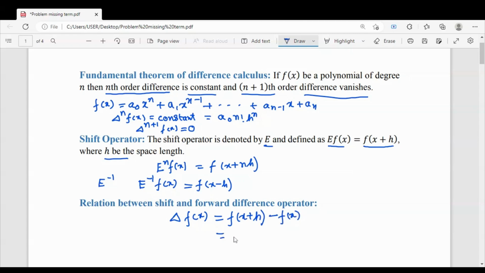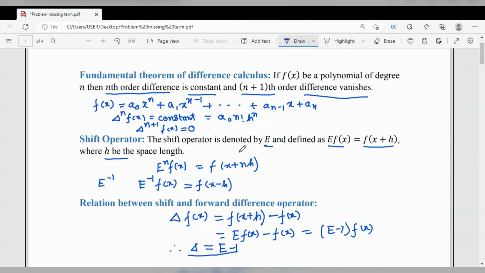Now we already see that f of x plus h can be written as E of f(x), minus f(x), which will actually be E minus 1 of f(x). Therefore delta equal to E minus 1. This is the relation between the forward and shift operator. You can solve some problems now.